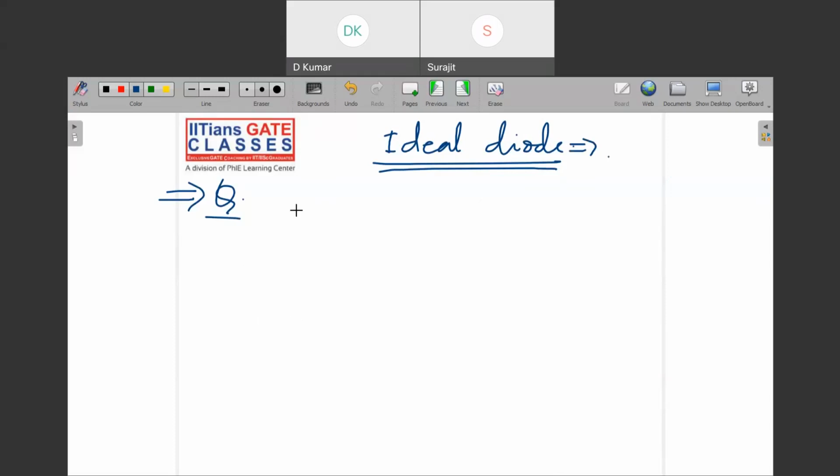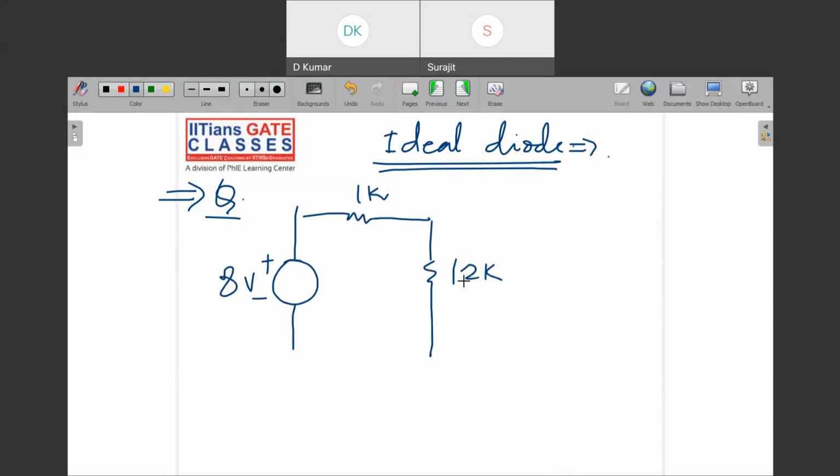This is 8 volt, 1K, 1.2K, and the diode is here, and this is a resistance here, and this is connected here.